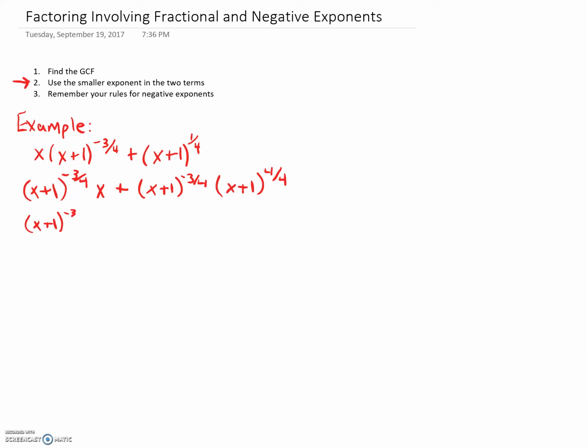Can't really simplify that too much yet. And that's times x. That's our first term. Plus, now this is x plus 1 to the negative 3/4. But we know what this is. X plus 1 to the 4/4 is really like times x plus 1. So by grouping, what we can do is we can say, all right, we have x plus 1 to the negative 3/4.